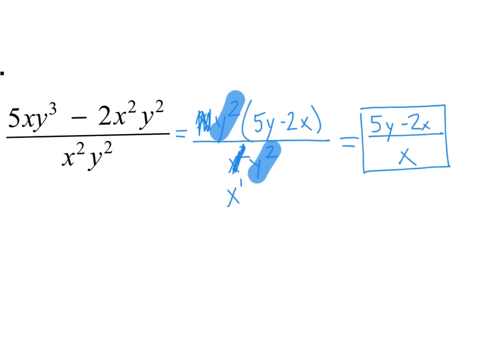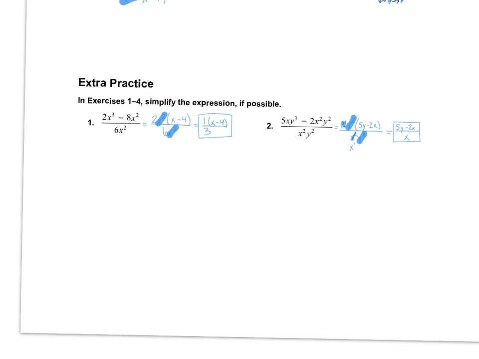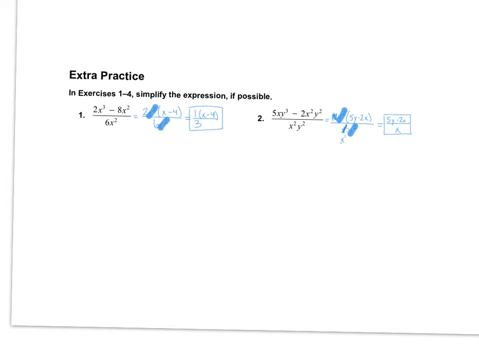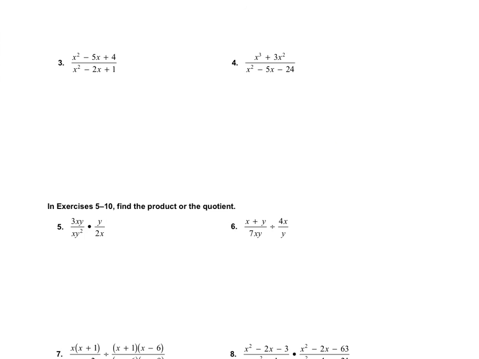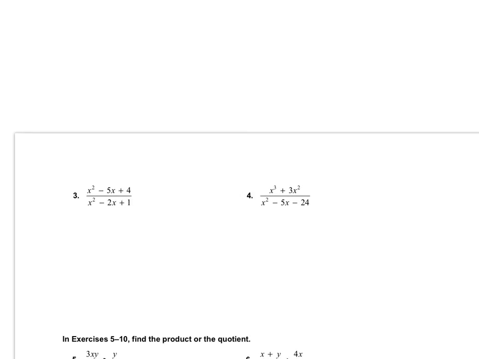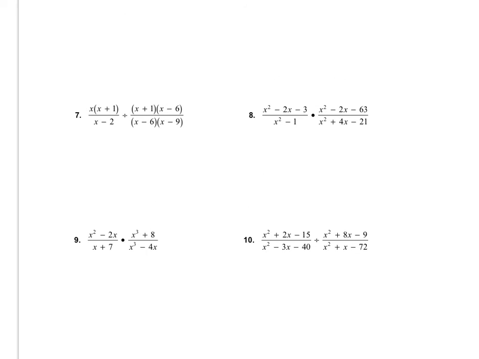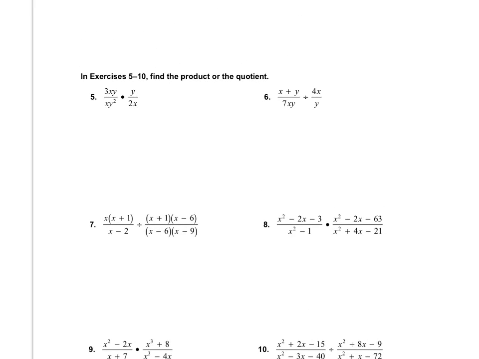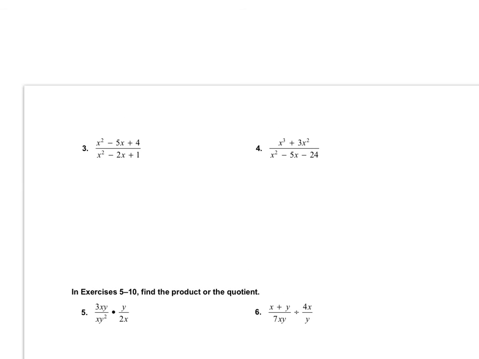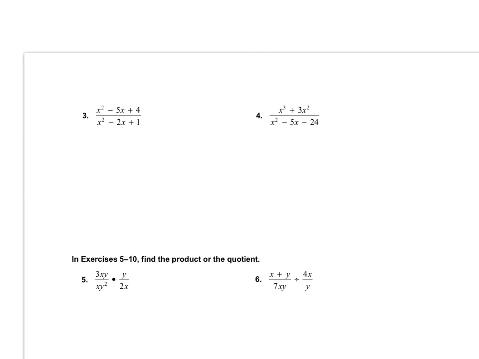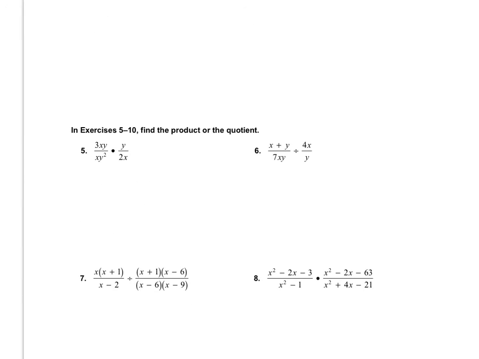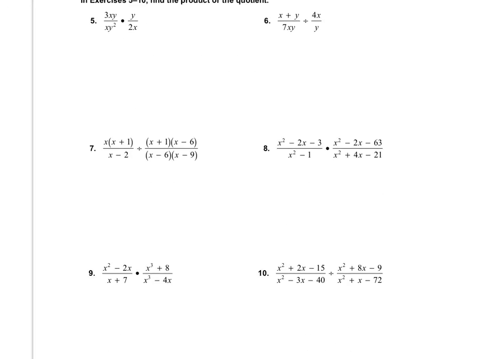Okay. So what you have here, I want you to take some time. We're going to go to the next page here. I want you to take your time going through some of these problems and practicing some of the work. We'll do the odds.